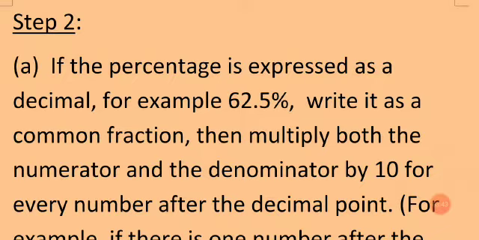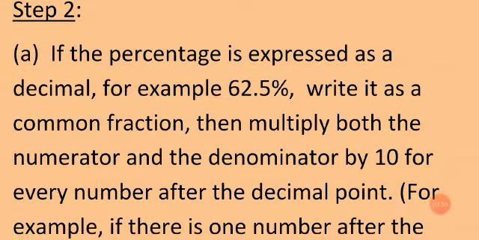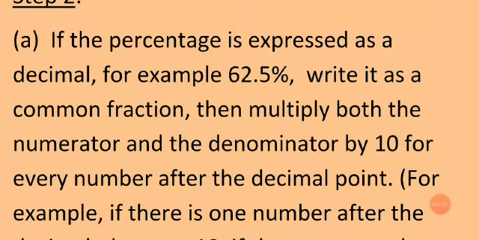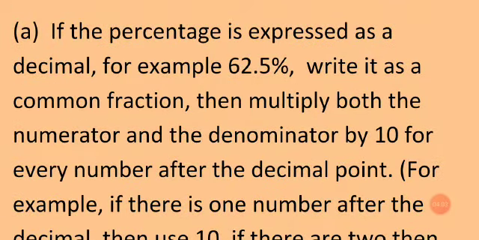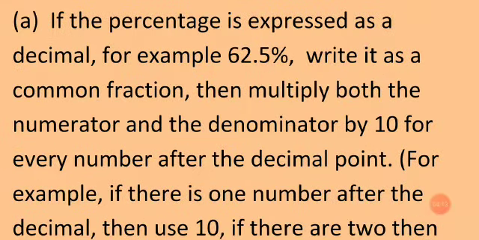We can also have percentages with decimal presentation, like what I have here, 62.5%. In this step 2, if the percentage you have is in a decimal form, just go ahead and write it as a common fraction. 62.5% means 62.5 out of 100, which is simply 62.5 over 100.